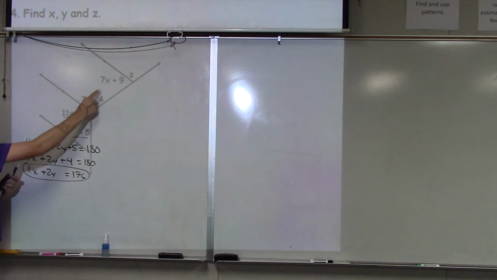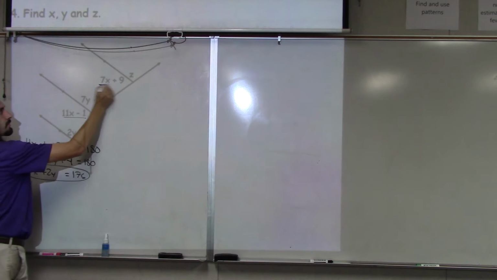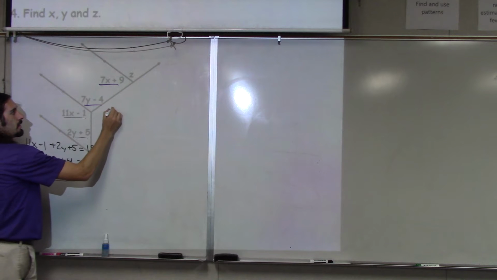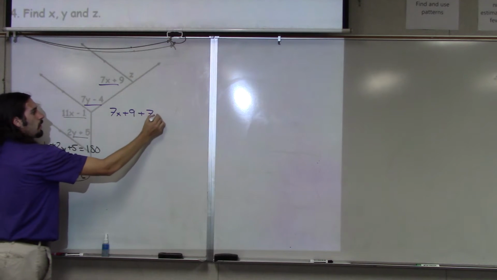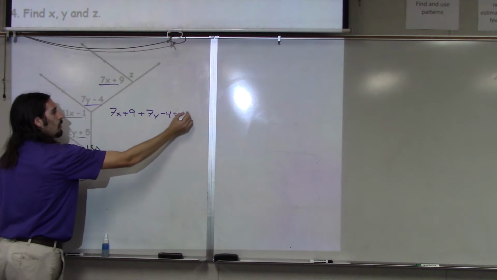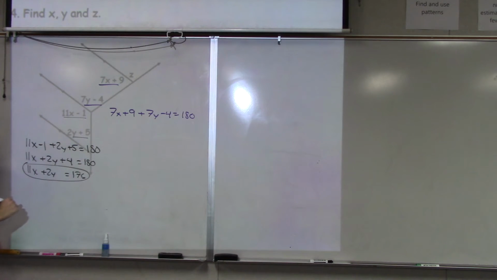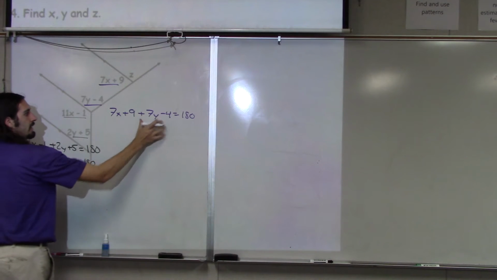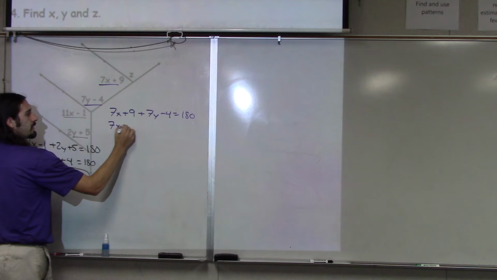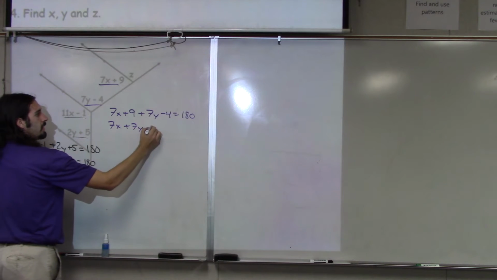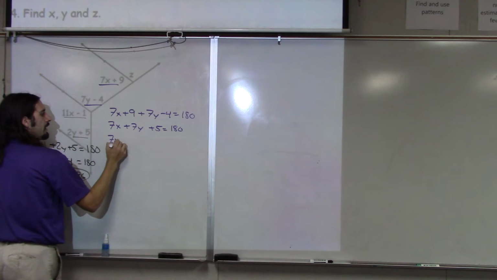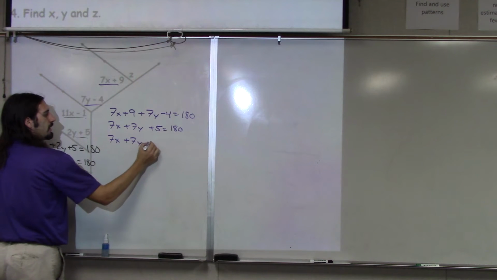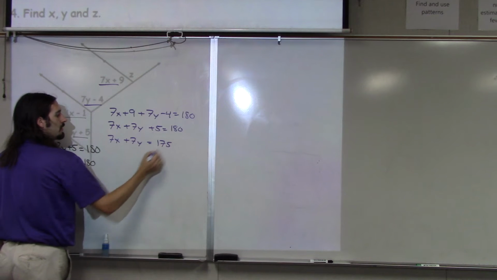I can come over to this other piece over here. 7x plus 9 plus 7y minus 4 is equal to 180. If lines are parallel, consecutive interior angles are supplementary. Again, I'm going to combine like terms. 7x plus 7y plus 5 equals 180. 7x plus 7y equals 175.